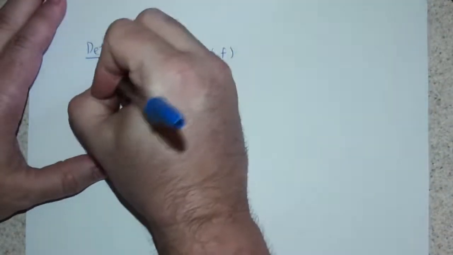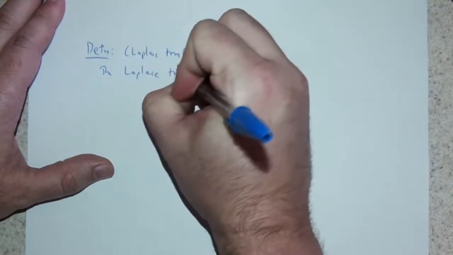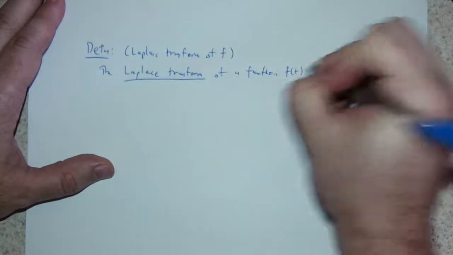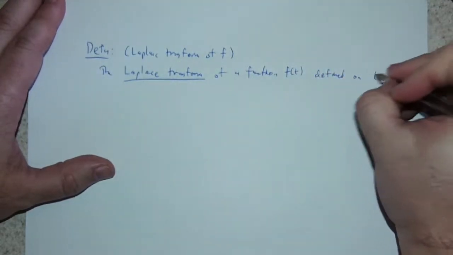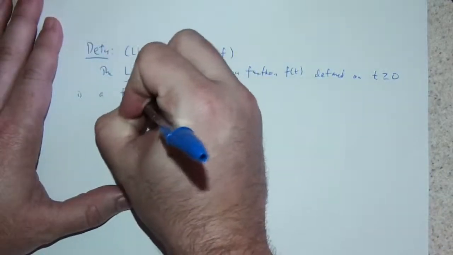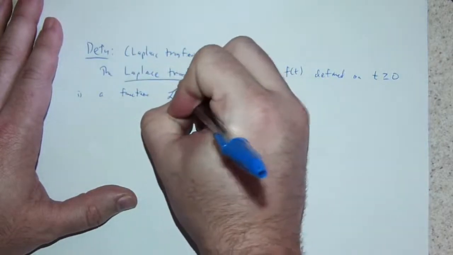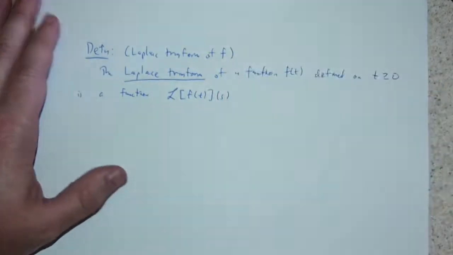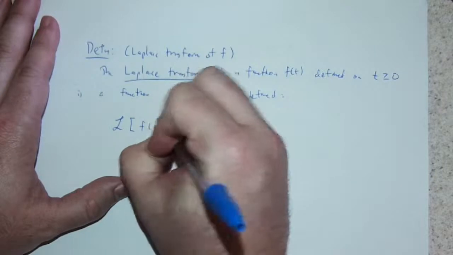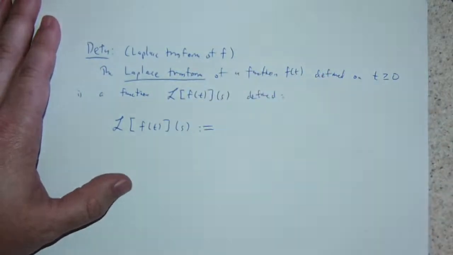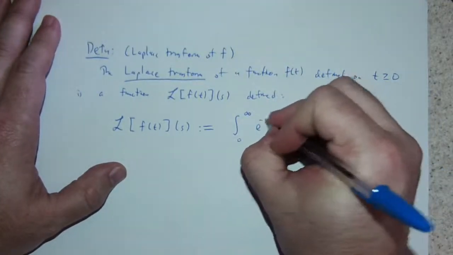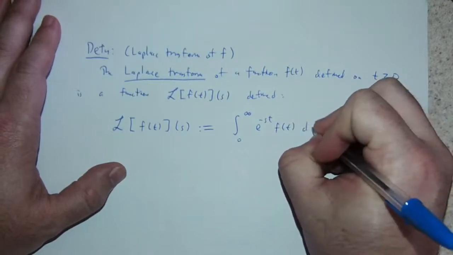The Laplace transform of a function f of t defined on the domain t greater than or equal to 0 is a function of the variable s that I call L of f of t of s, defined as follows: L of f of t of s is the integral from 0 to infinity of e to the minus st f of t dt.